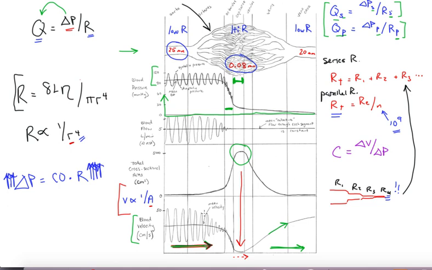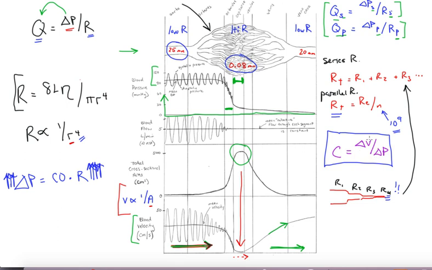Right? Last thing I want to mention over here, getting buried in all the mess here, is compliance, which is C. And compliance is really the give, and this is going to help explain the pulsatility of our pressure here. I call it a measure of the quote-unquote give of a blood vessel.